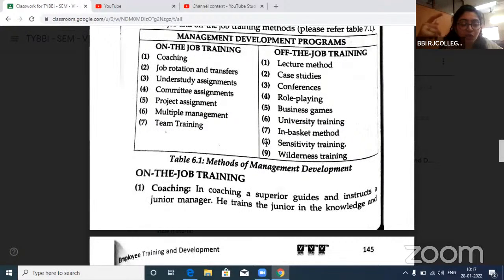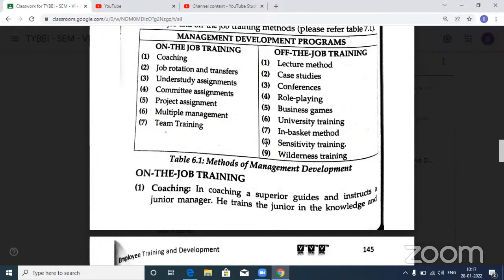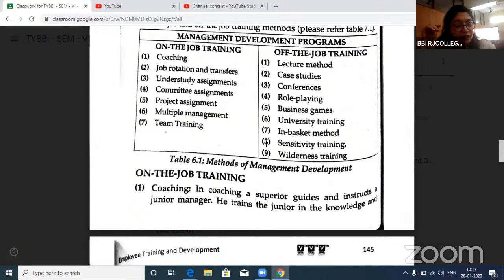Next is job rotation and transfer. What do you mean by job rotation? In banks usually there is job rotation. Job rotation means if you are appointed at one place, you will not remain all your life at one place. You will keep rotating your jobs: sometimes at the cashier's place, sometimes at the accounts place. You will not stick to one place.